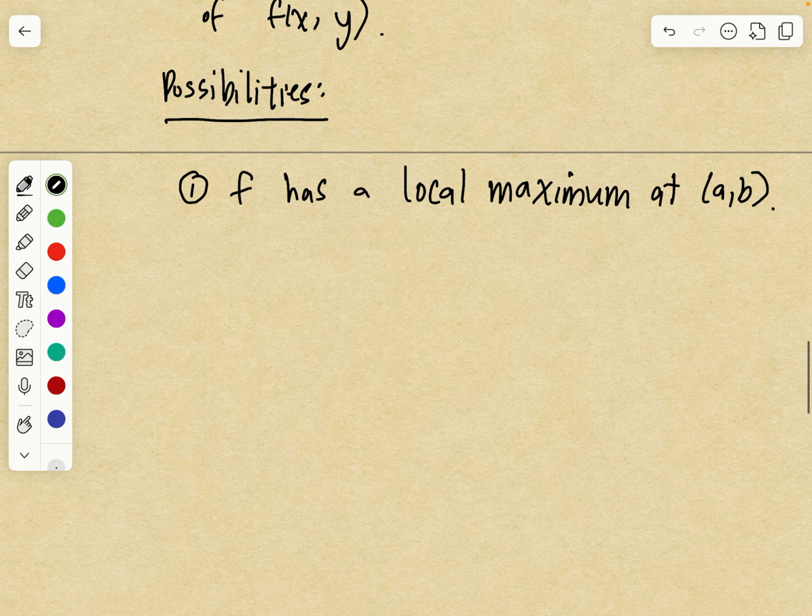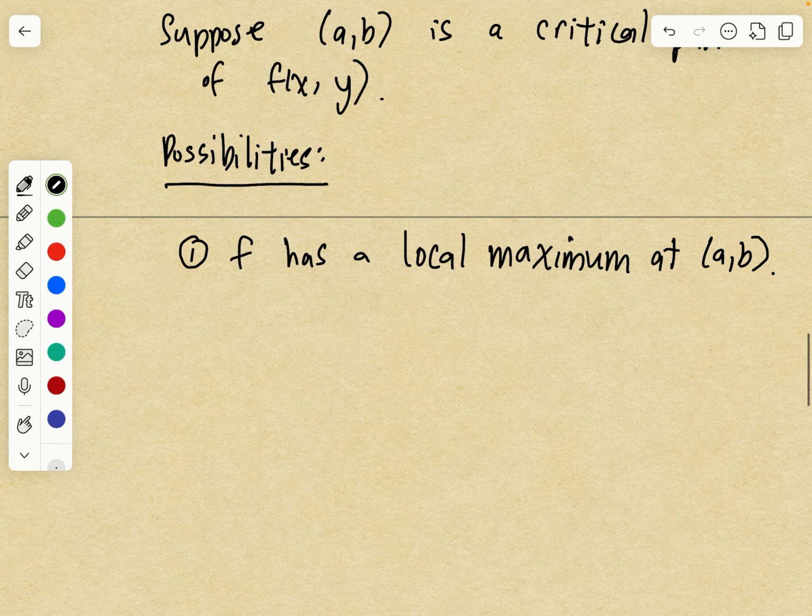And what does that mean? That means that in the immediate vicinity of a comma b, let's say that this is z, z equals f of x y. The value of z at a comma b is bigger than all the values of z in the immediate vicinity.